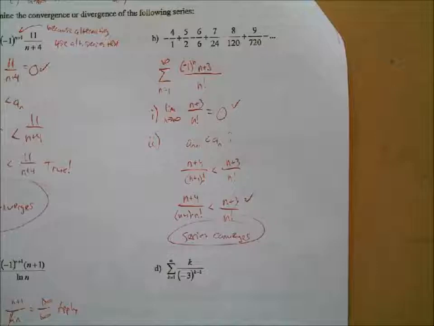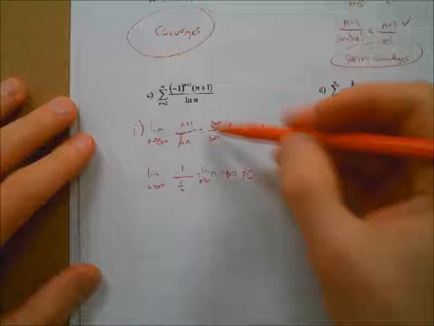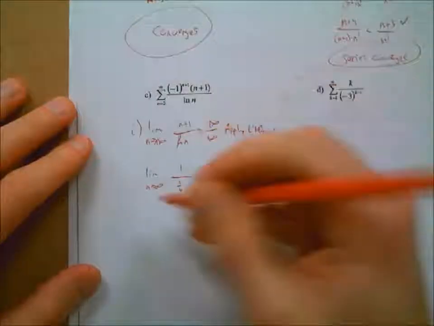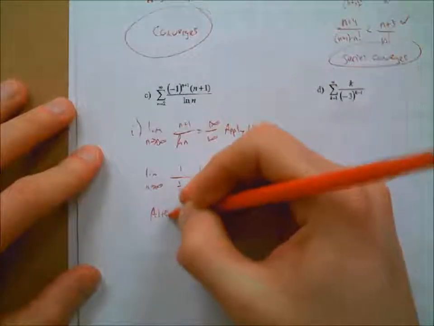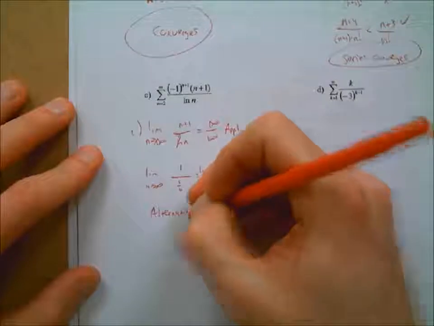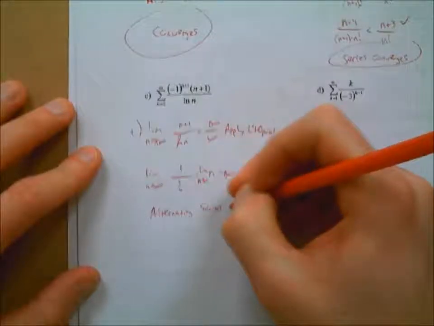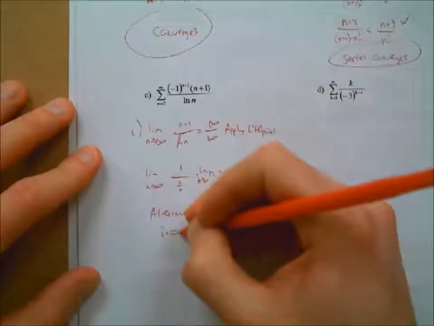Okay. So, after evaluating just that very first condition in letter C, what can we say about this particular series in letter C? It's going to diverge, okay? So the alternating series test is inconclusive, right? When you take the limit as n approaches infinity of that sequence, the alternating series test is inconclusive.